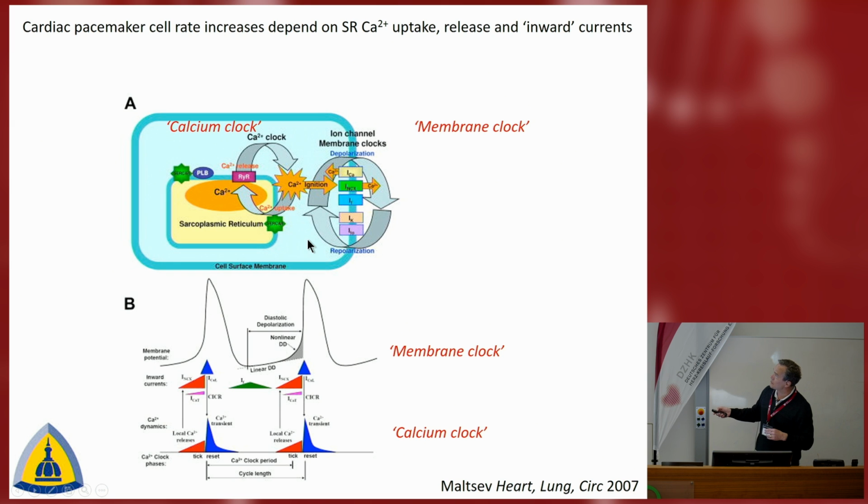When it reaches a critical potential, mostly in the central pacemaker cells, voltage-gated L-type calcium channels open up and make for this action potential steep rising phase and contribute to a trigger that leads to more calcium release from the sarcoplasmic reticulum. And so these two concepts live together and can be coupled by various signals.